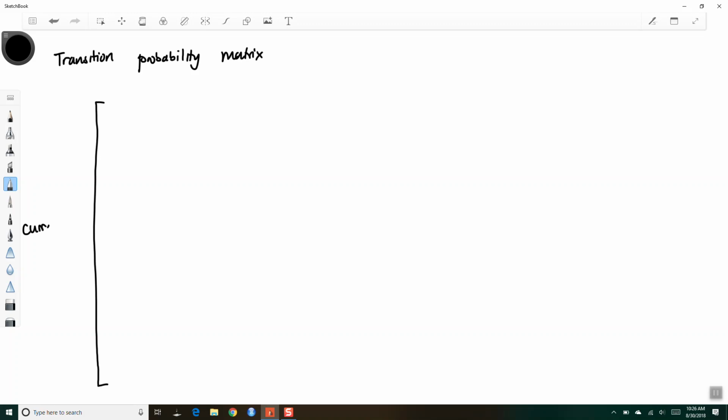So here's our current island, and we can start off at islands 1, 2, 3, 4, 5, 6, or 7, and we'll look at our next island. Okay? And so let's just take a look at island 4, okay?